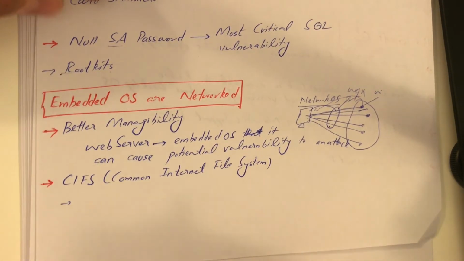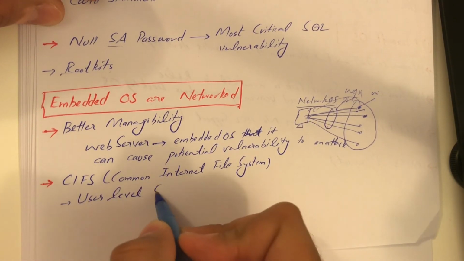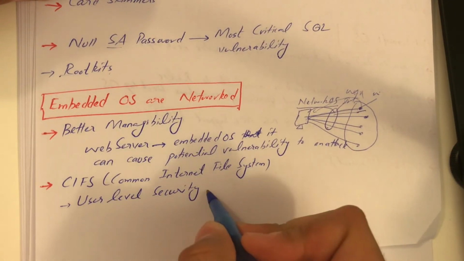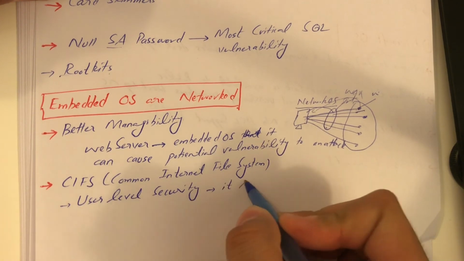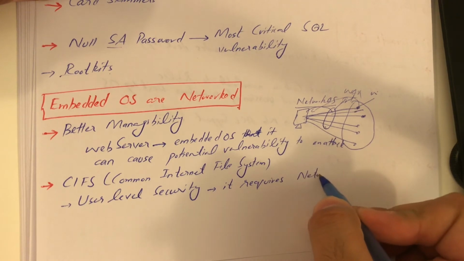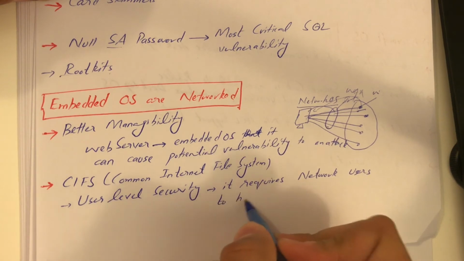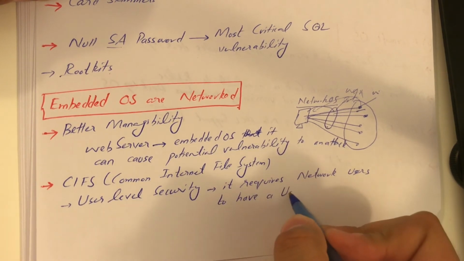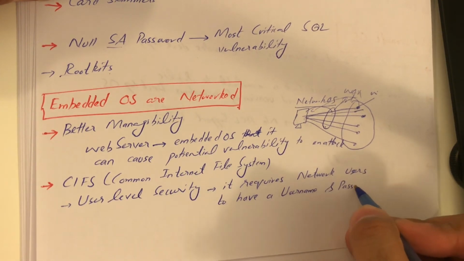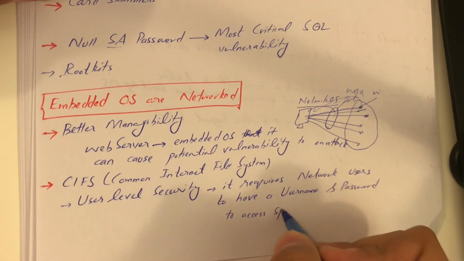For example, if you're using the user level security model with CIFS to access these devices, it requires network users to have a username and password to access a specific resource.